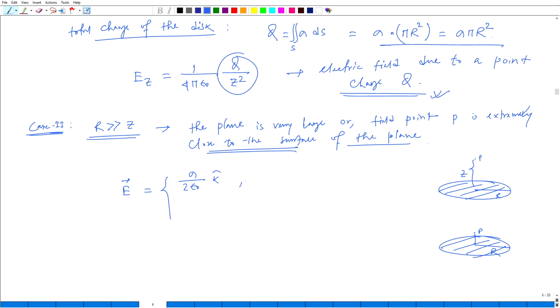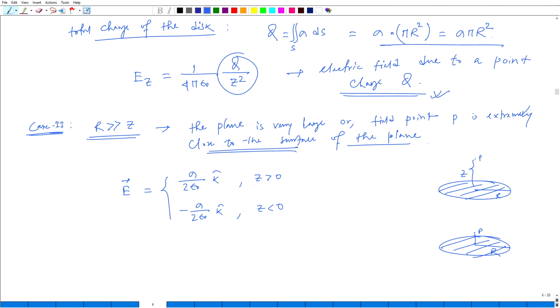So, this is k cap for z greater than 0 and minus sigma over 2 epsilon naught k cap for z less than 0. Basically the direction is opposite. The magnitude is sigma over 2 epsilon naught above the plane, and below the plane it is the same, but the direction is different. Above the plane the electric field points upwards, in the z direction, and below the plane the electric field points downwards, in the minus z direction, the minus k cap direction.